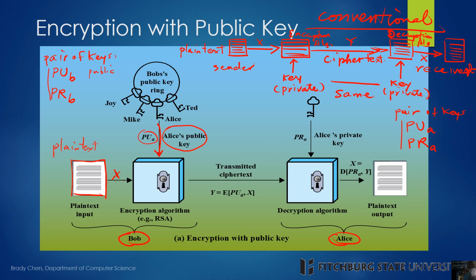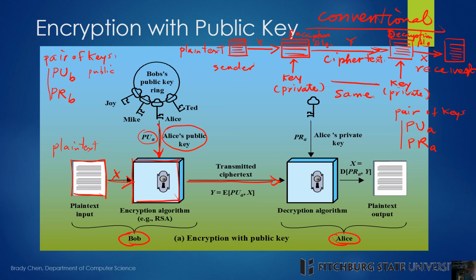Now how could Bob get the PUA? Well, it's the public key for Alice, so everyone can get the PUA, not just Bob, everyone. Okay, so Bob wants to send a message to Alice, so Bob needs to grab the PUA and then use the encryption algorithm. So mix the plain text and Alice's public key. So this is going to generate a ciphertext.